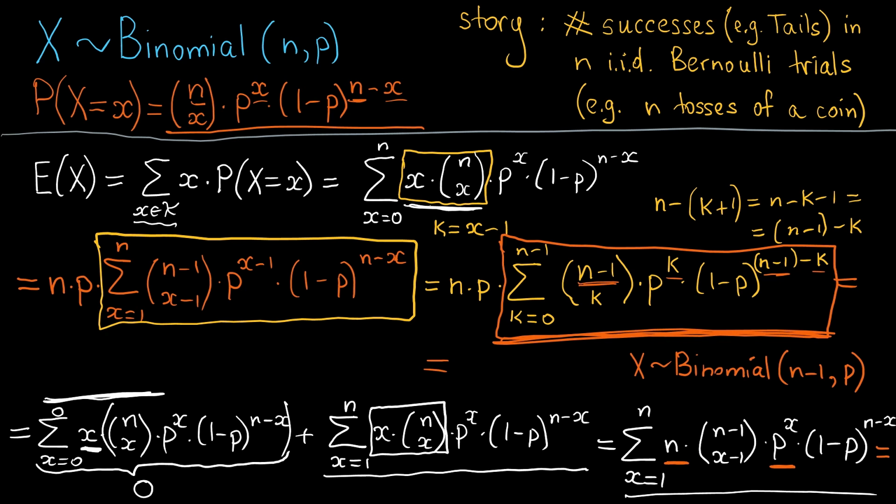Okay, very good. So then we know that this sum must evaluate to 1. So what we really have is n times p times 1. And that completes our effort here. We have shown that the expected value of a binomial n, p random variable is np, the product of those two parameters. Pretty cool.